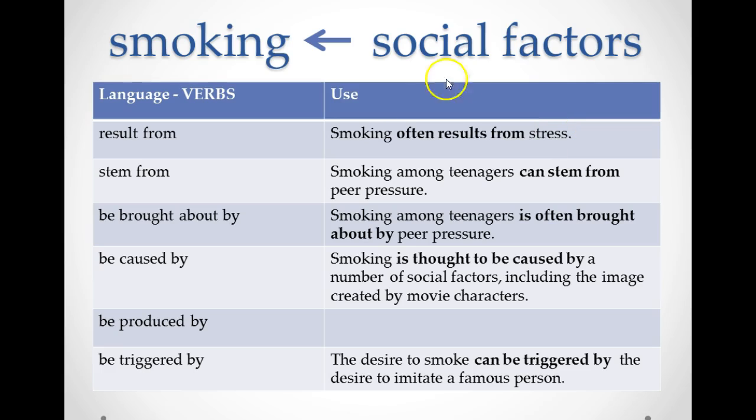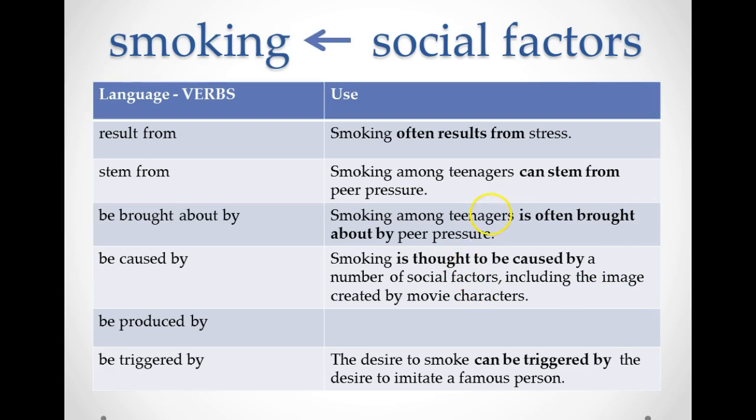Stress is the cause, smoking is the result. Smoking among teenagers can stem from peer pressure. Smoking among teenagers is often brought about by peer pressure. Now the last four, remember I said, are passive, so you need is, brought about. Brought is the past participle.